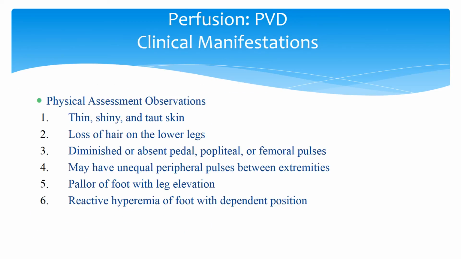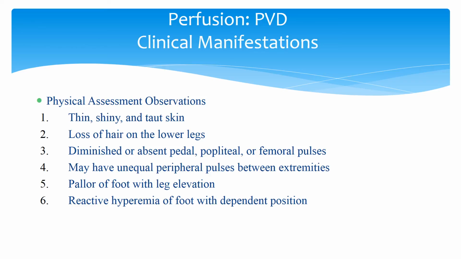Another thing that you'll notice when you're looking at patients with peripheral artery disease is that a lot of times, if you think about grass, where there's a lot of water, grass will grow. So if you think of the same situation as far as perfusion, if there's not a lot of perfusion to that area, you're going to see no hair.